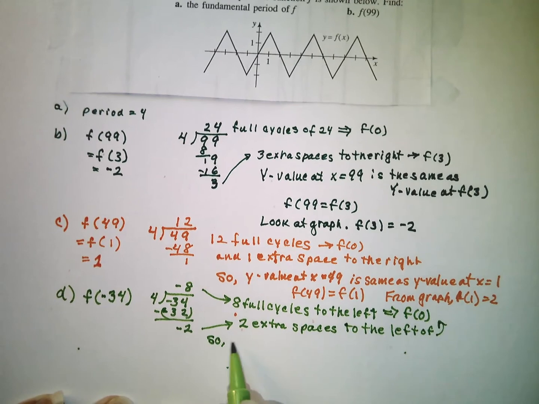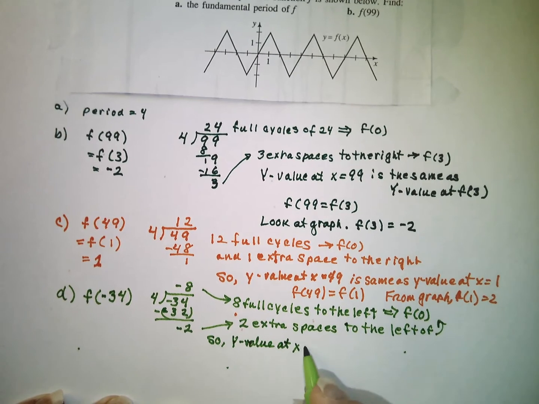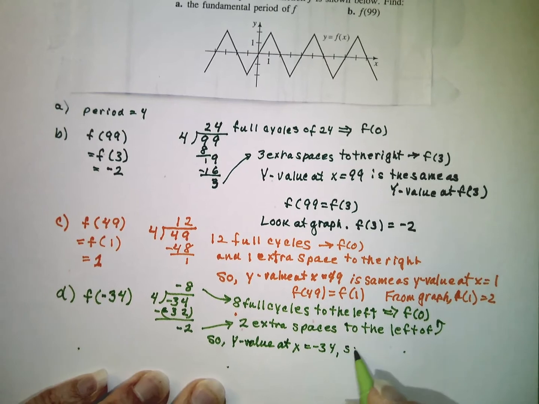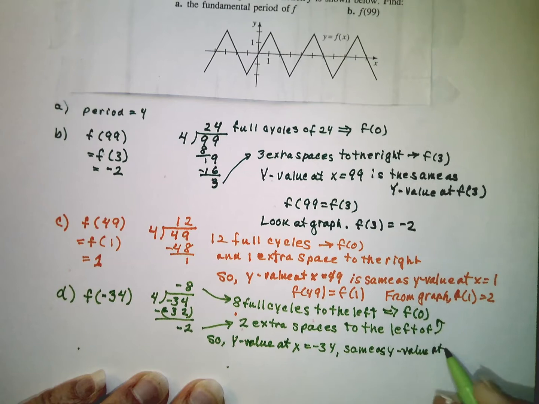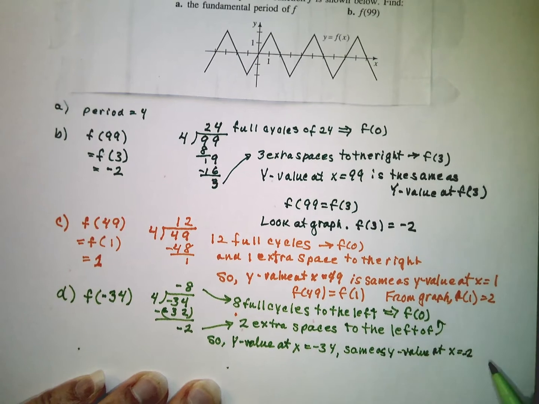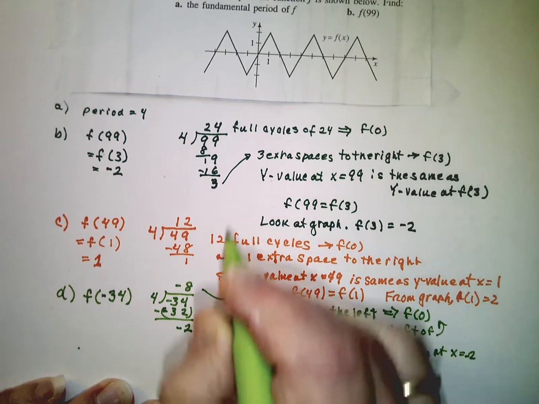So the y value at x equals negative 34 is the same as the y value at x equals negative 2. Just look at the graph.